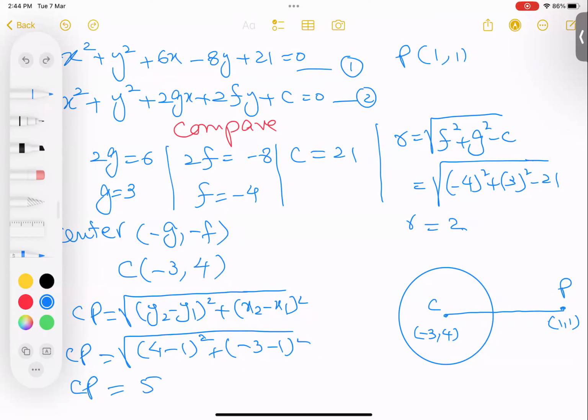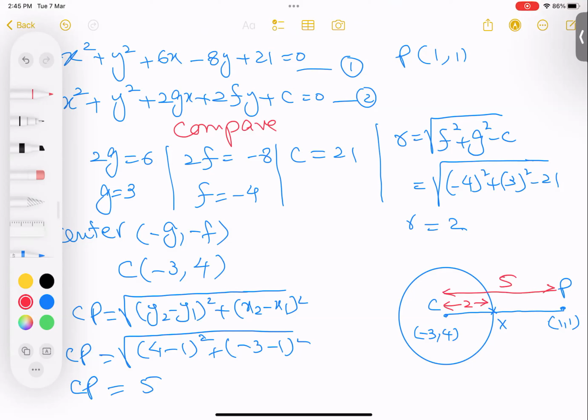For your knowledge, this is a point X in the middle here, and I want to find XP. So how to get it? The radius is 2, so I just show you this gap is 2, from here till here. And from this point to this point, we just found it is 5.